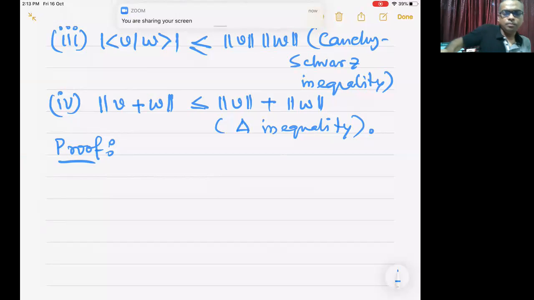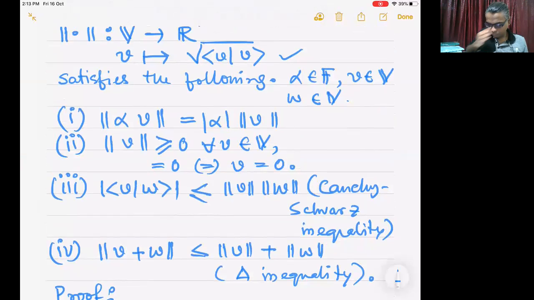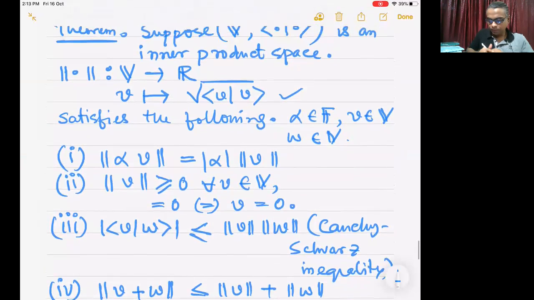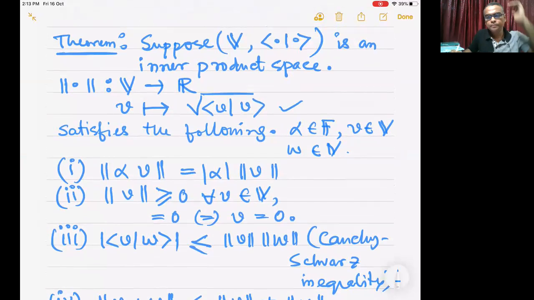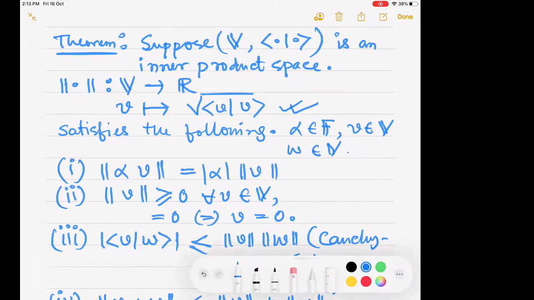Let us remind ourselves of the properties that we are here to prove now. V is an inner product space, and from the inner product we define the norm like this, the length. Then the length must satisfy these properties. There are names for these properties, so let me write them beside the properties.